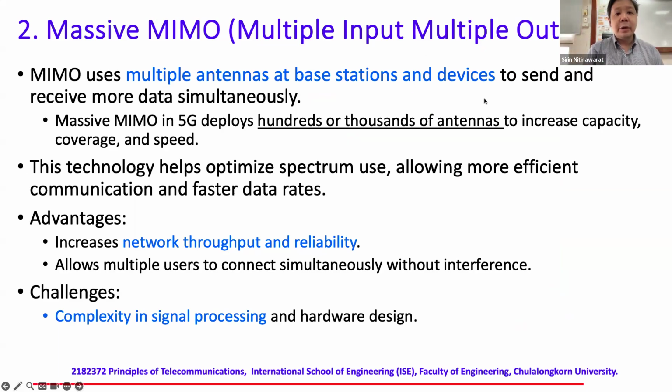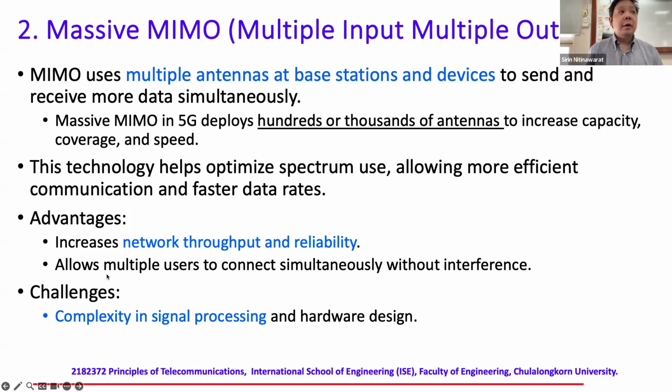These are used to increase capacity, improve coverage and speed, and you can use multiple antennas to optimize for spectrum use and allow faster data rate, okay, thereby improving throughput and reliability.